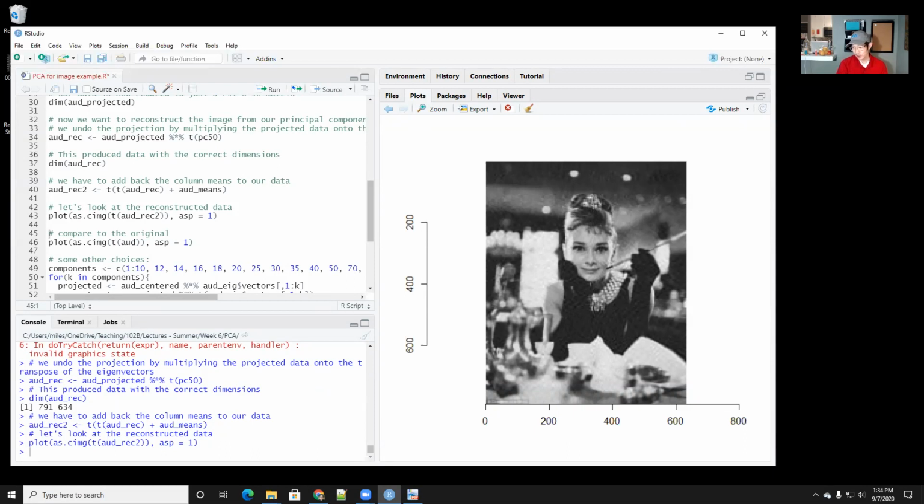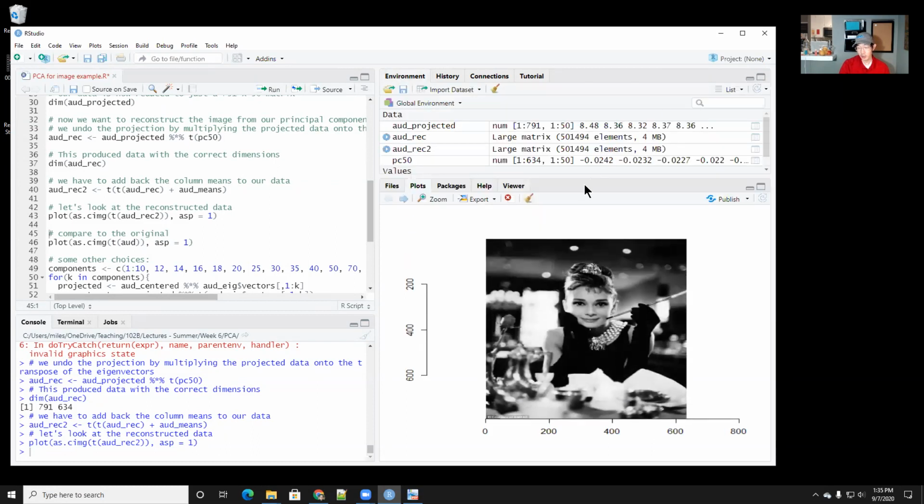When you run eigen in R, it finds all the eigenvectors and sorts them by corresponding eigenvalue, from the largest to the smallest. So I keep the first 50, and this is the image we are able to reconstruct. It has less contrast, but you can definitely tell it's the same picture.